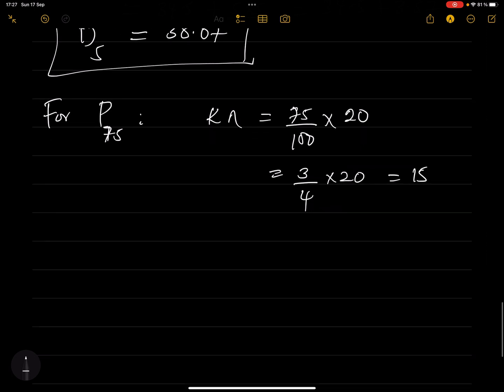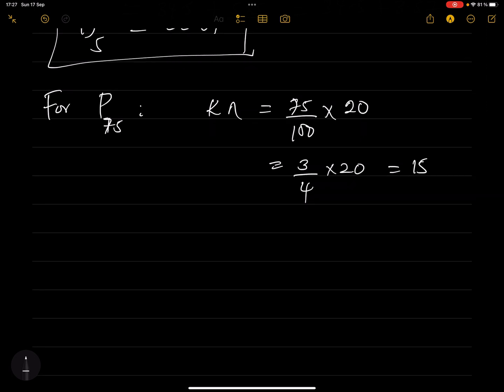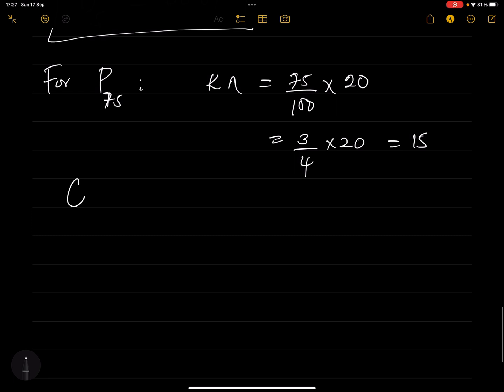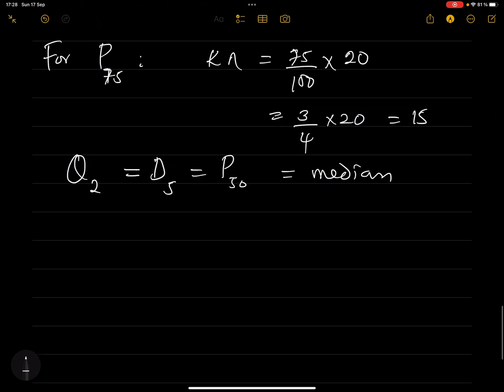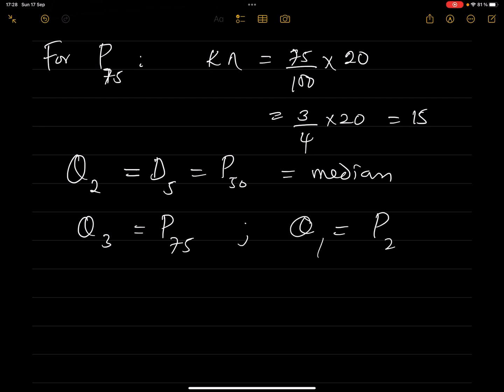Amazing. So what we are saying in essence is that Q2 equals D5 equals P50 and equals your median. And again, Q3 equals P75, and in fact, Q1 equals P25.